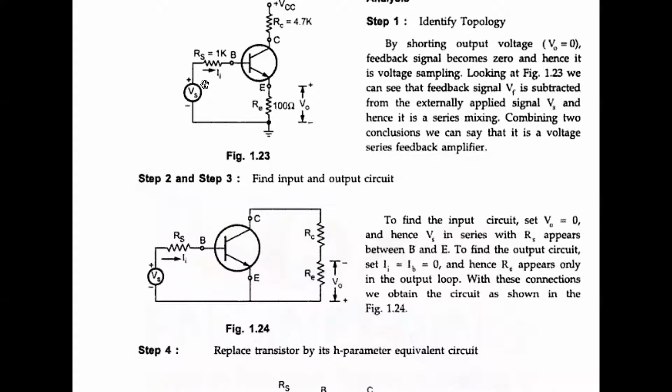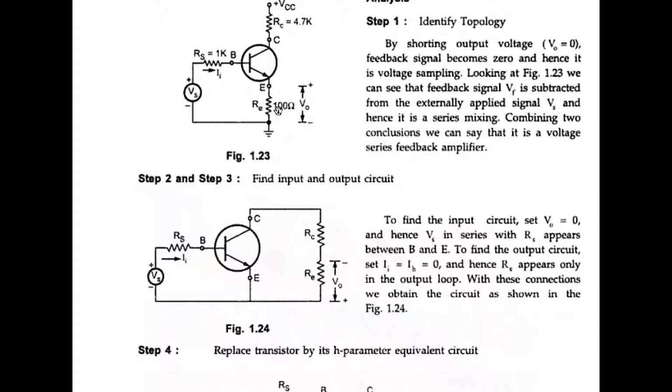In simple words, the feedback signal is in series, or you can say the feedback signal is subtracted at the input side. Obviously the source is Vs, so it is subtracted from Vs, hence series mixing.